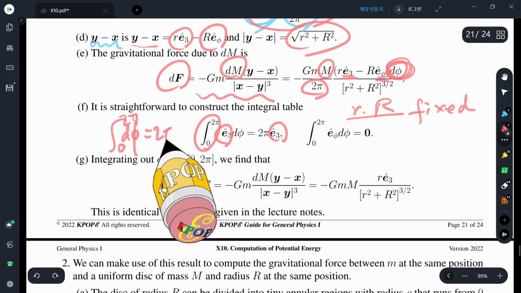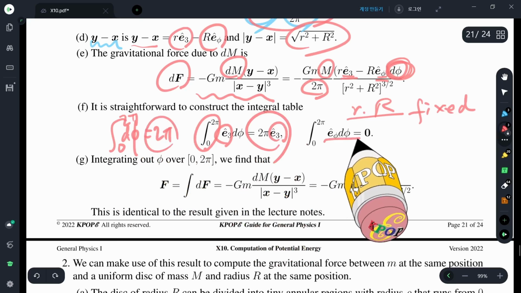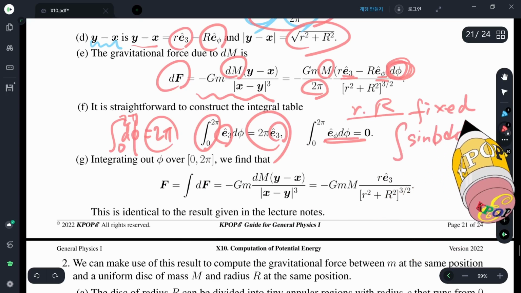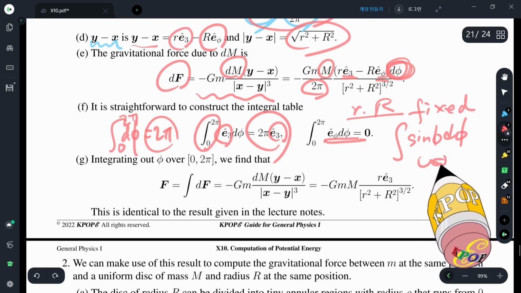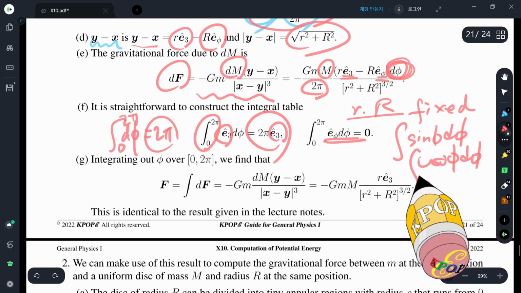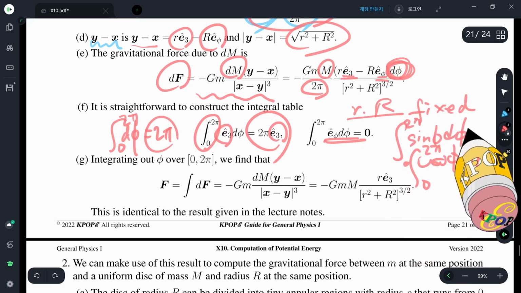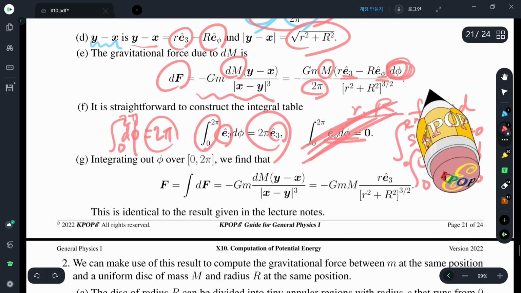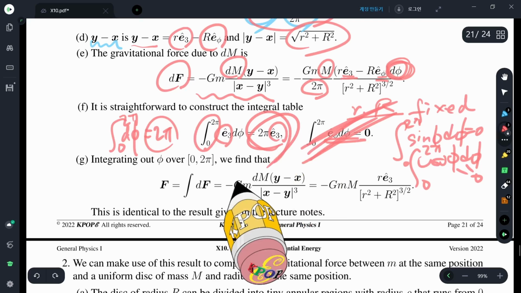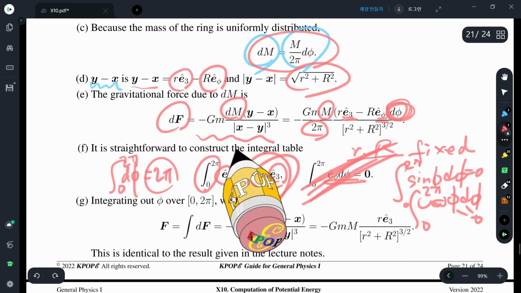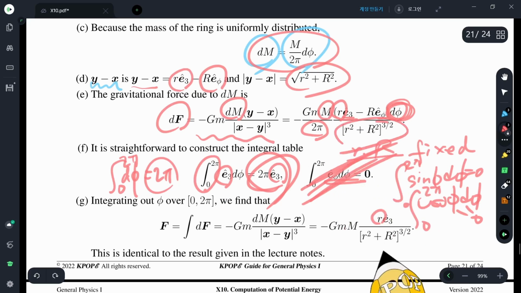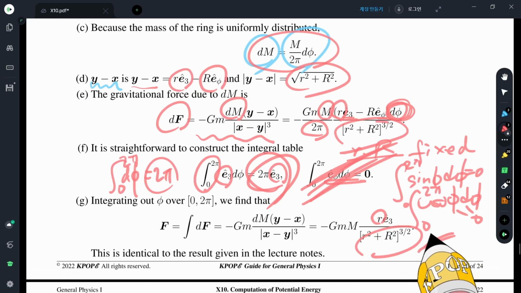However, these terms vanish because the integral of sine phi d phi or cosine phi d phi from 0 to 2 pi is 0. They all vanish and go away. Only this one survives, as we expected. Immediately I have r in the denominator here. That's it. Exactly the same as what we expected.